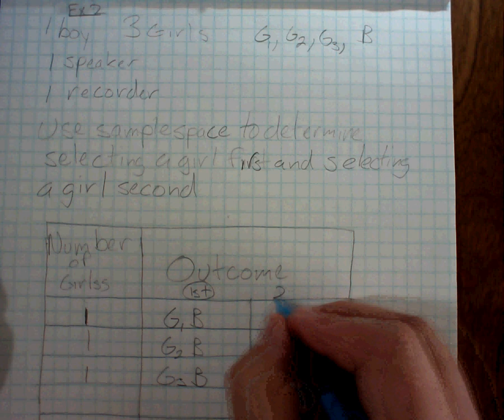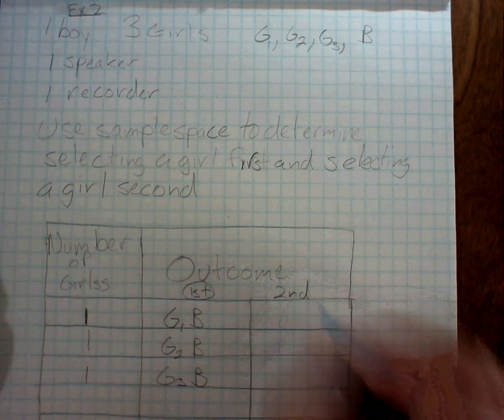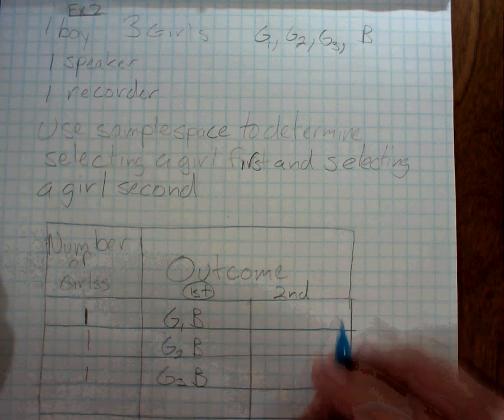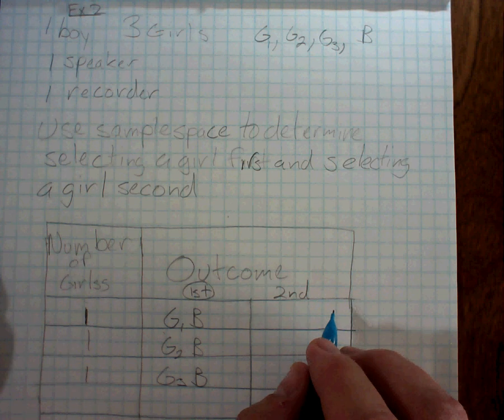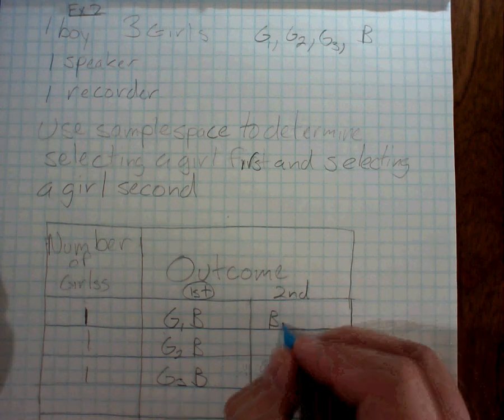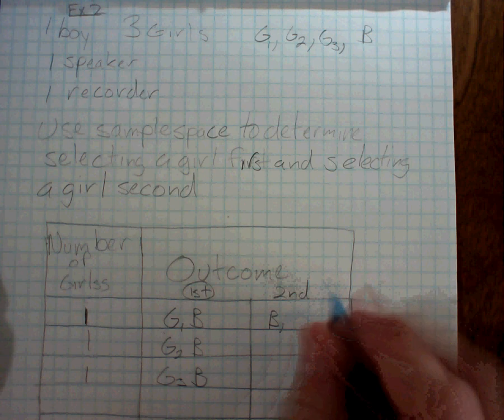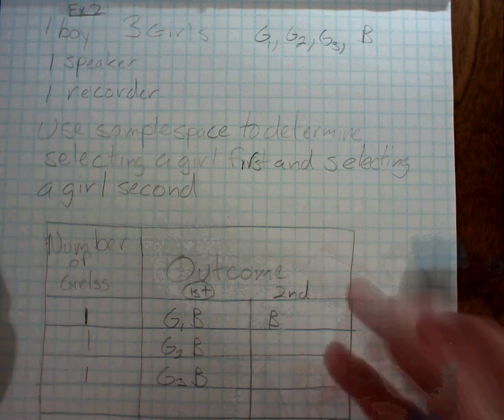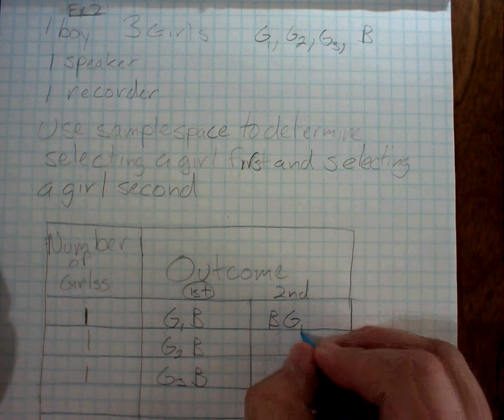And then selecting the second person, if I have girl 1, you could still have one girl, but on the first selection I might pick a boy and then pick girl 1. Does that make sense? These two are the same, right?